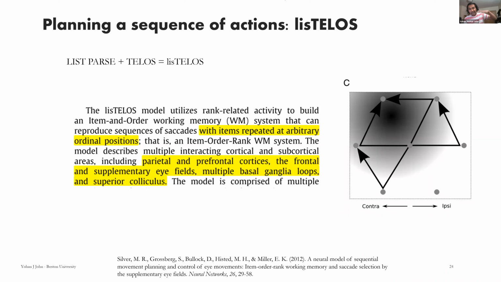The rank being the number of times you have to execute the same target, which is quite a subtle piece of jugglery. So in the cortex they introduced supplementary eye field, and I think they use one of the parietal areas to do counting, basically. They algorithmically implement that, but there's another Grossberg model to implement the counting with differential equations.